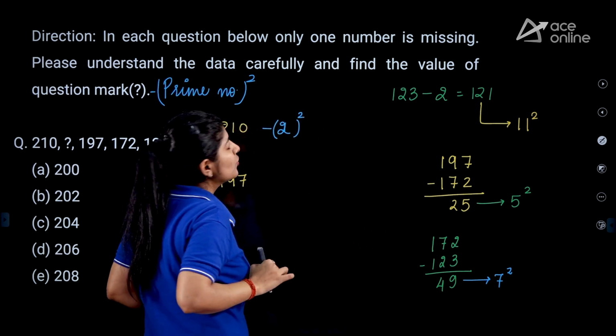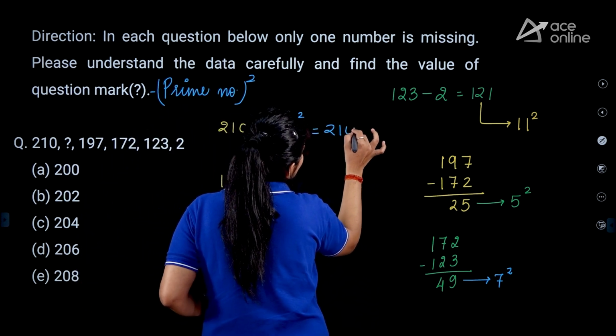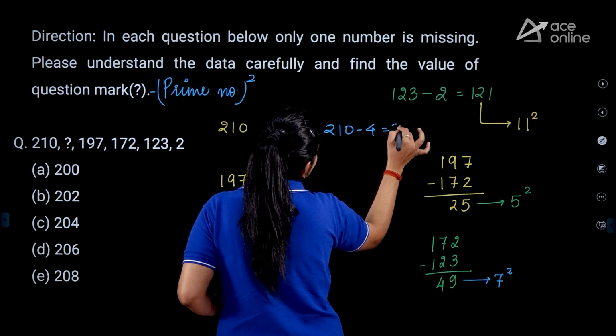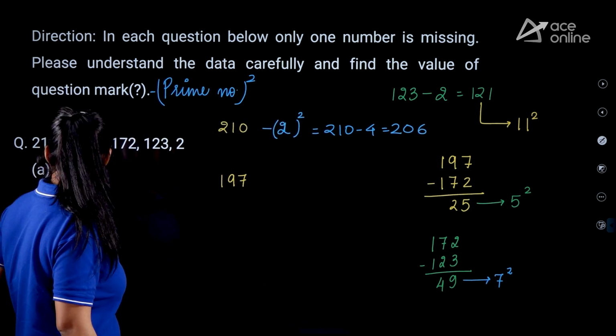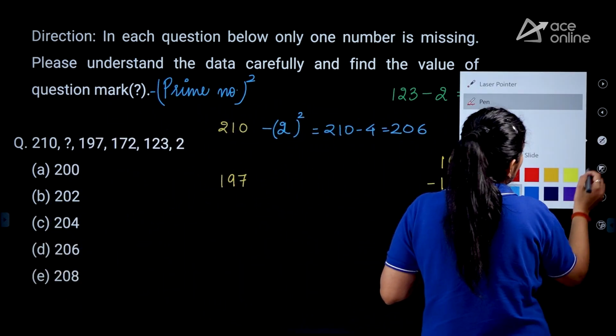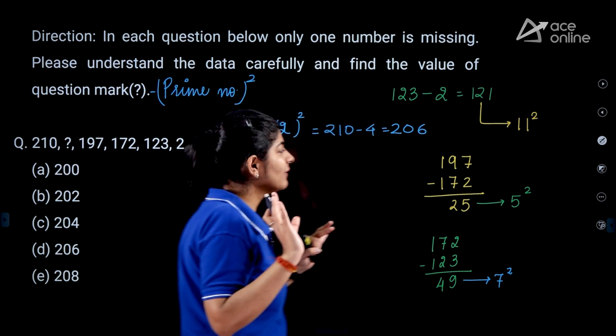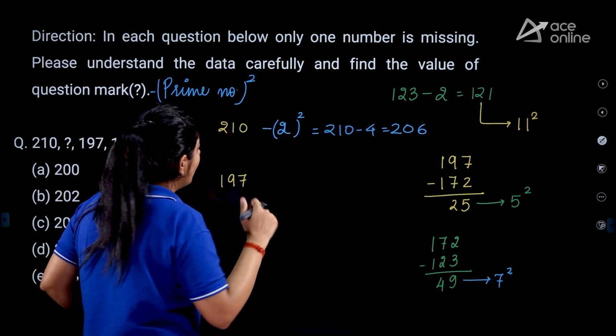The square of 2 is nothing but 4. So we can write 210 minus 4, and here we are having 206. Do we have that in our options? Yes, we do, but we have to check the next step also, whether the sequence we are making follows the rest of the numbers or not.